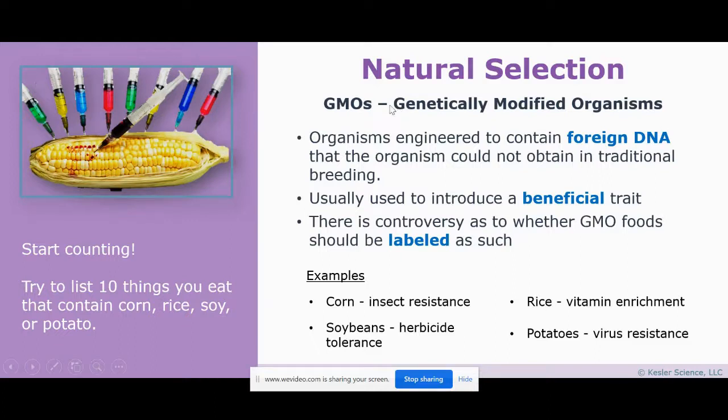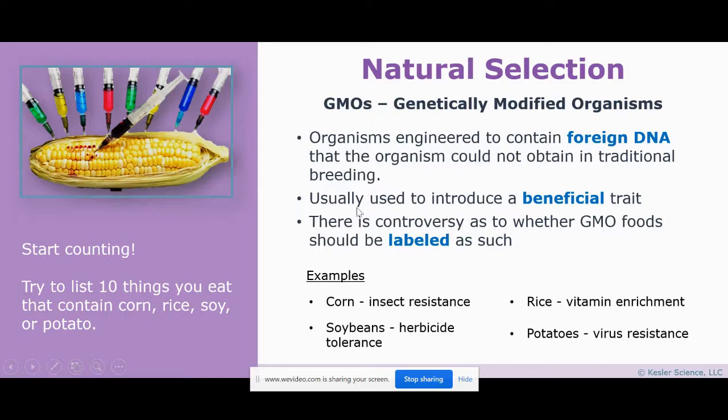Whenever we talk about selective breeding, and we will talk more about this in a future screencast, we have to just touch on GMOs, genetically modified organisms. We've talked about this a little bit when we talked about CRISPR technology, but GMOs are when we take foreign DNA and we inject it into an organism that could not obtain it from traditional breeding.